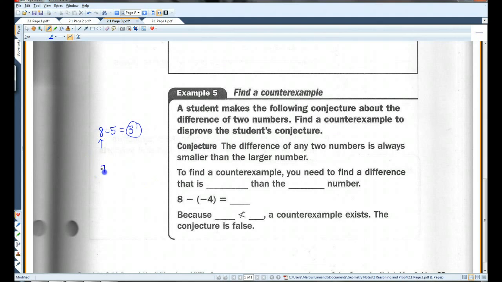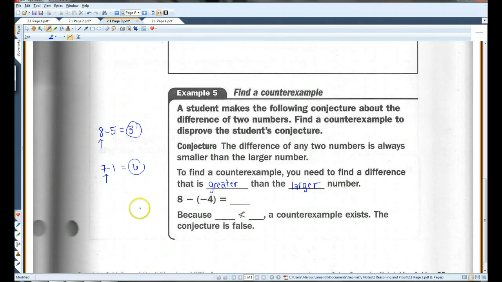So if I have 7 minus 1, I'm going to get a number that is smaller than whatever the bigger number is. We need to find a counterexample. We need to prove this wrong. Basically, we need to find a difference that is greater than the larger number.